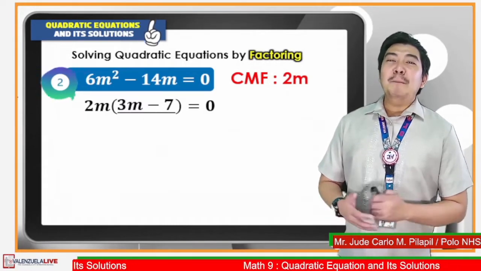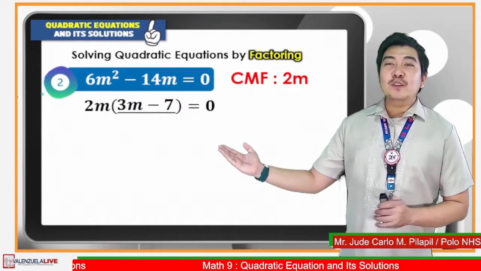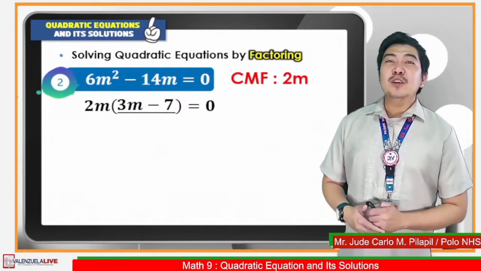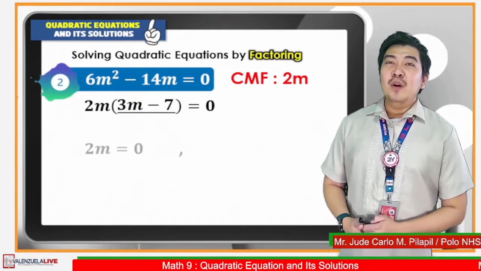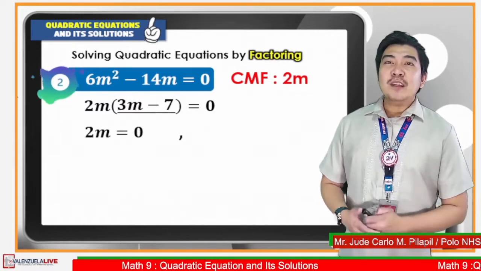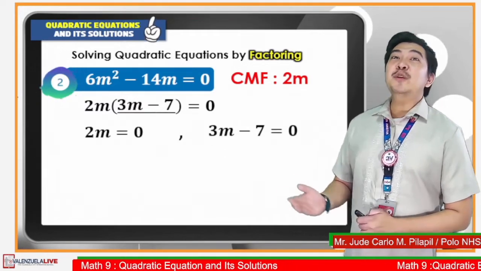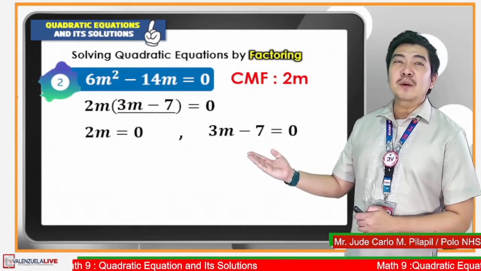Next, we need to apply the zero product property by equating both factors to 0. The first factor 2m equated to 0 will be 2m is equal to 0, and the other factor 3m minus 7 equated to 0 will be 3m minus 7 is equal to 0.